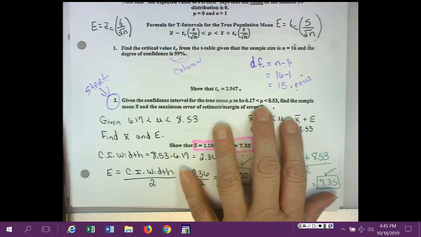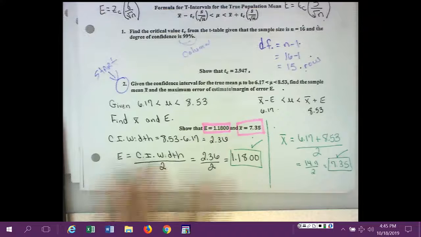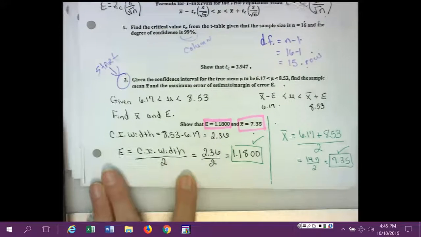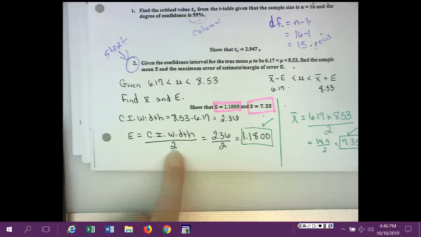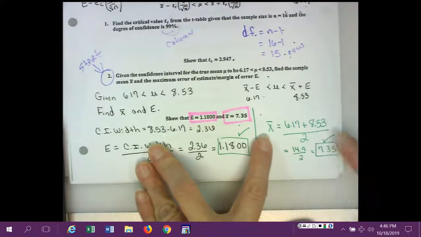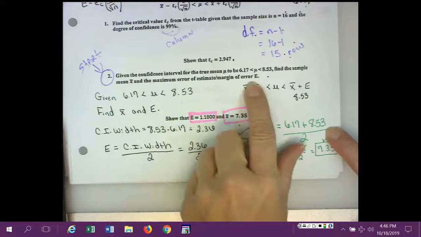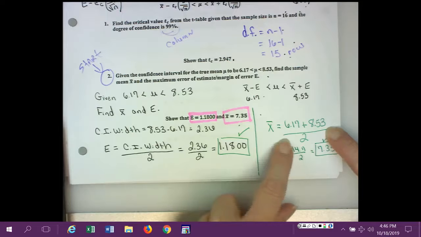You can find the point estimate, the sample mean x bar, and the margin of error if you remember these two formulas. E is the confidence interval width divided by 2. And x bar is the average of the two numbers they give, the lower and the upper. So I added those up and I divided by 2.